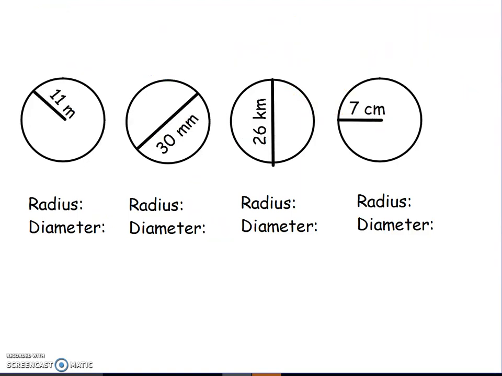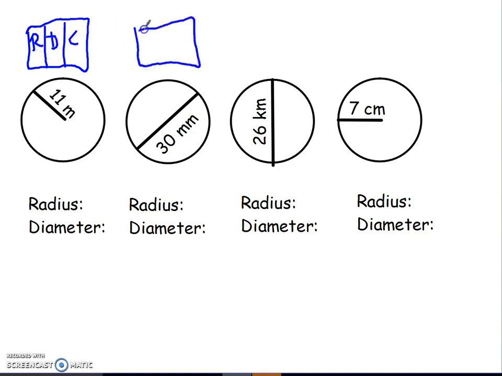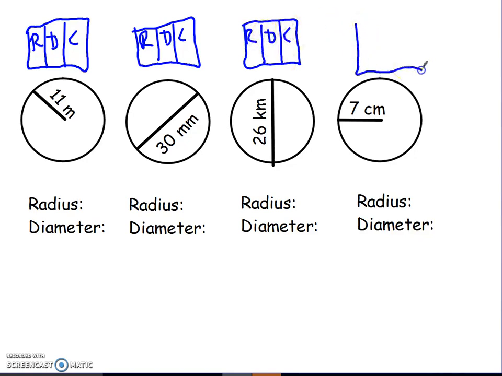Okay, for the second row, do our DC tables. All the way across. Okay, so this is a radius because it goes from the center to the outside.